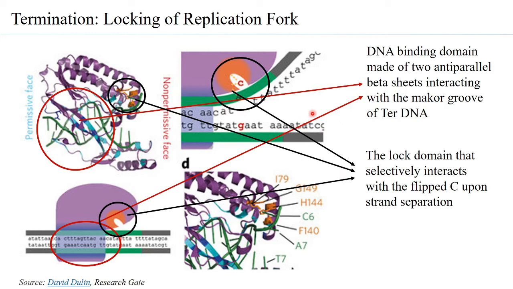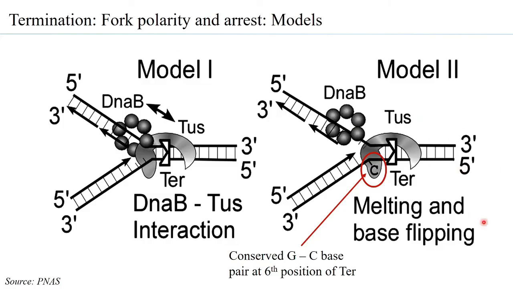We all know that salt is also responsible for unwinding of DNA, or what is called denaturation of DNA. So a study was carried out just using KCl, and because of the KCl concentration, the unwinding of the DNA does happen. On unwinding of the DNA, the Ter-Tus complex association was observed without the helicase being present. So this study is definitely suggesting that model 2 happens.